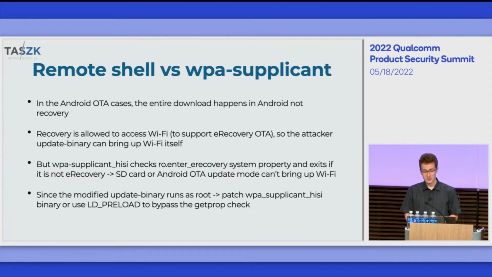Also, we tried another path with a remote shell, because once the phone is in recovery mode, there's no way to talk back, so there's no way to get data out of the phone. But thanks to the e-recovery function of this Wi-Fi update mechanism, we can actually power on the Wi-Fi chip and connect to our own AP and create a connect-back shell.